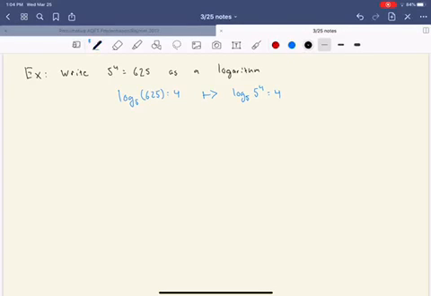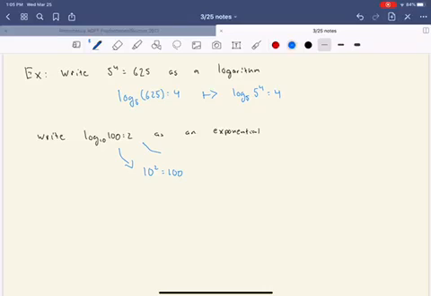Okay, another one. We're actually going to take the other way around. Write log base 10 of 100 equals 2 as an exponential. Okay, so in this case, what this is equivalent to is saying 10 to the power 2 is 100.